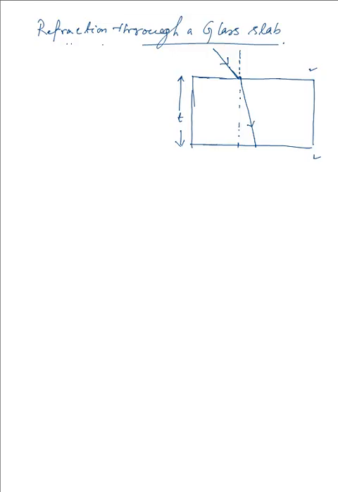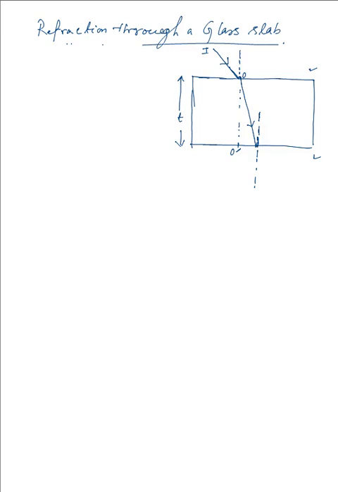First of all, we will be taking this as IO, suppose, and this is O prime, and then we have another normal at the point where it is striking the other face, the bottom surface, and then it is getting refracted.